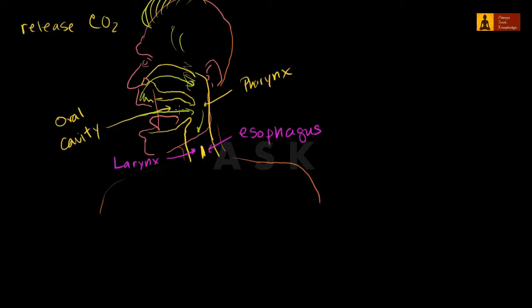Esophagus is where your food goes down. We know that we eat food with our mouth as well. So this is where we want our food to go, down the esophagus. That's for food. But the focus of this video is our ventilation. What do we do with our air? So I'm going to focus as the air goes through our larynx.